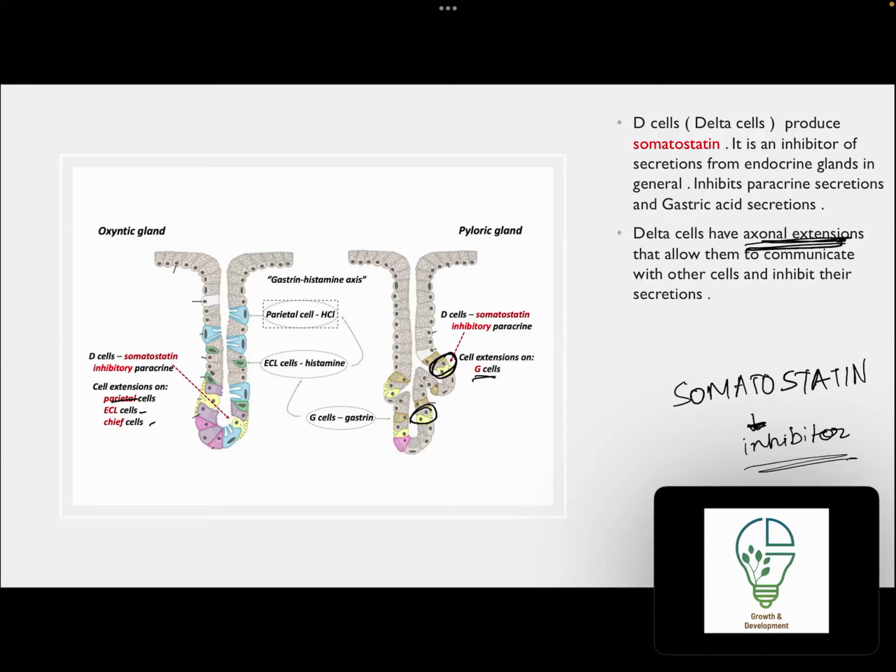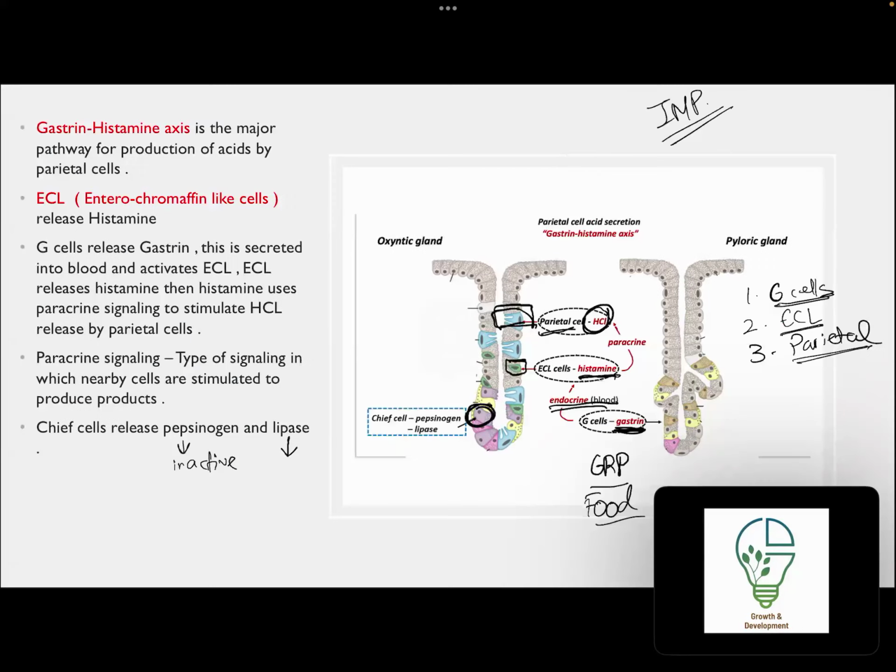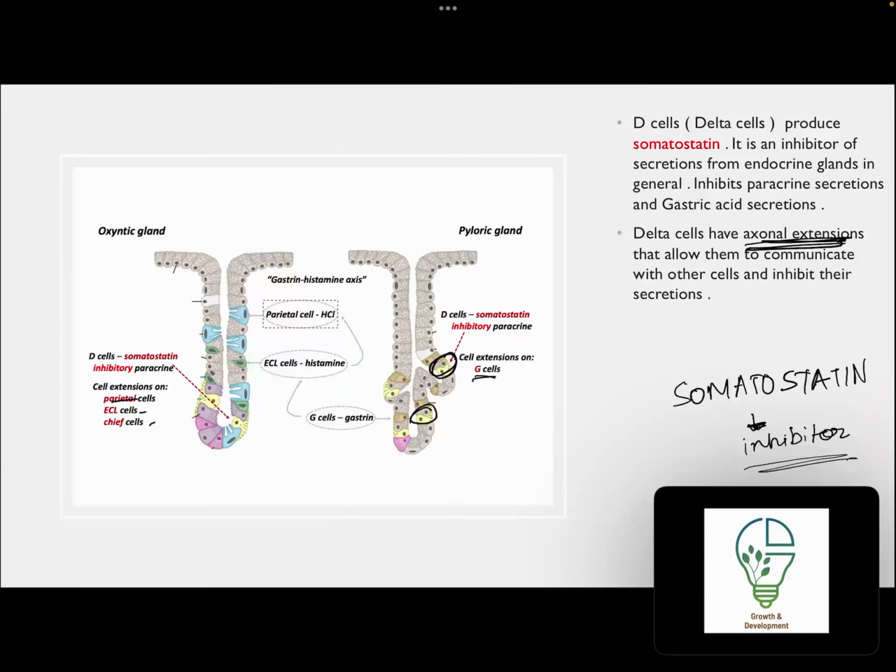Chief cells means they can inhibit pepsinogen, right? By the way, as I said, that table is super important because all of these cells are going to be mentioned again and again. So chief cells, pepsinogen. So it can inhibit all of this because it's an inhibitor.